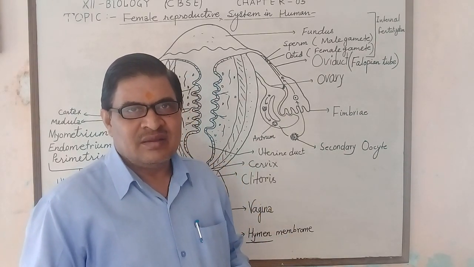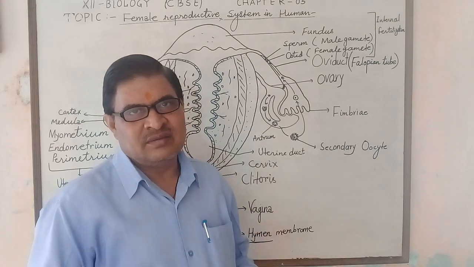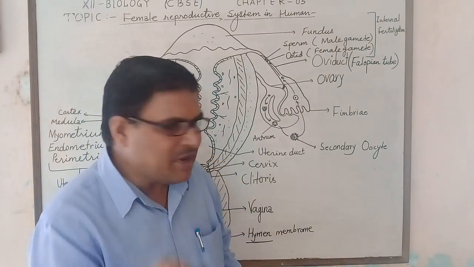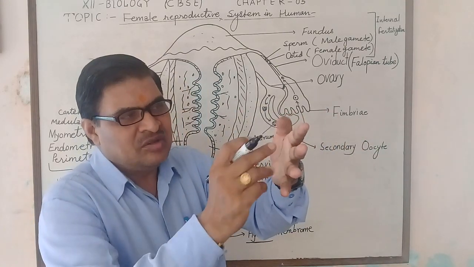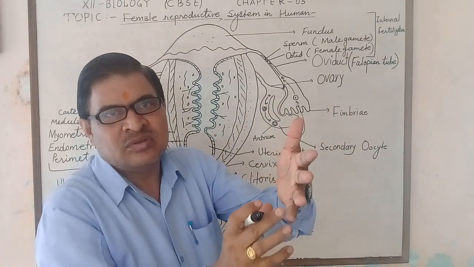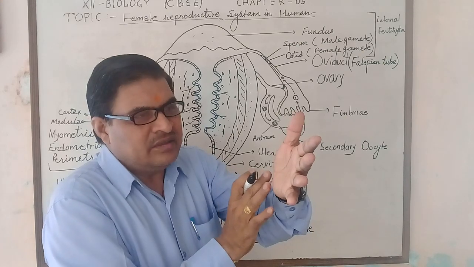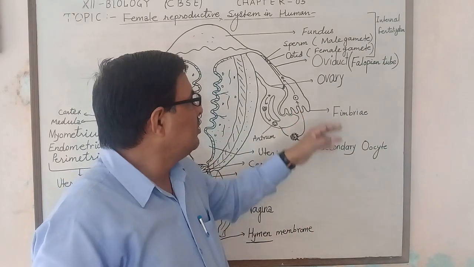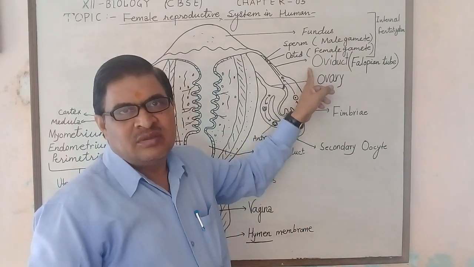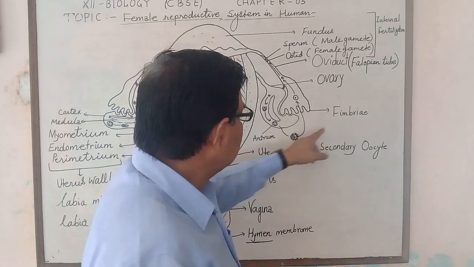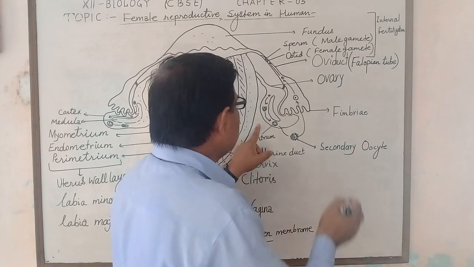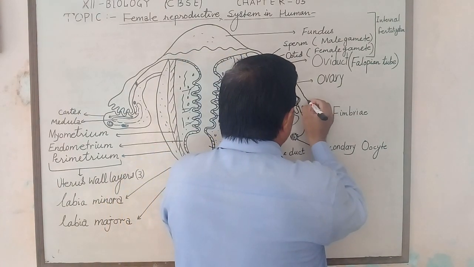The secondary oocyte is received by finger-like outgrowths at the terminal part of the oviduct, which are called fimbriae. The oviduct has many parts.